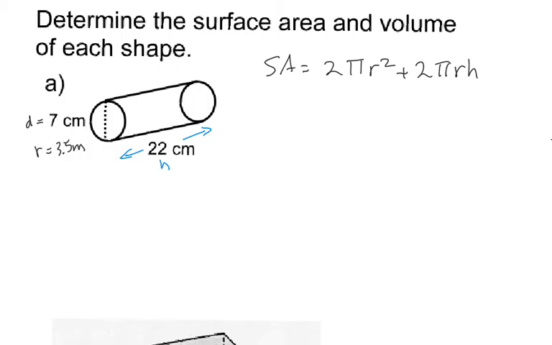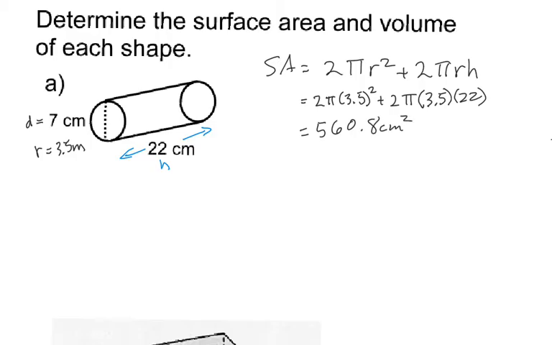Doing the appropriate substitutions, we should have something that looks like this. And you get, for your final answer, 560.8 centimeters squared for surface area.